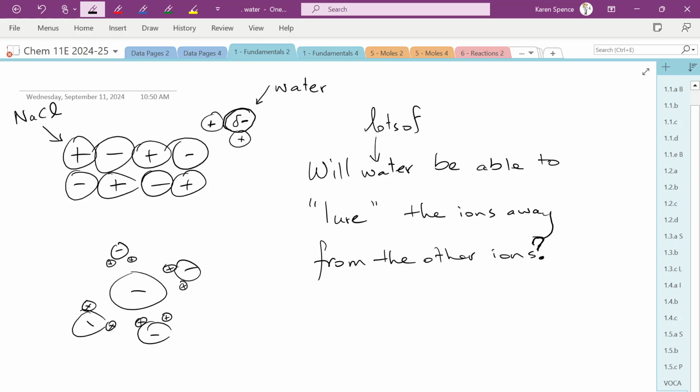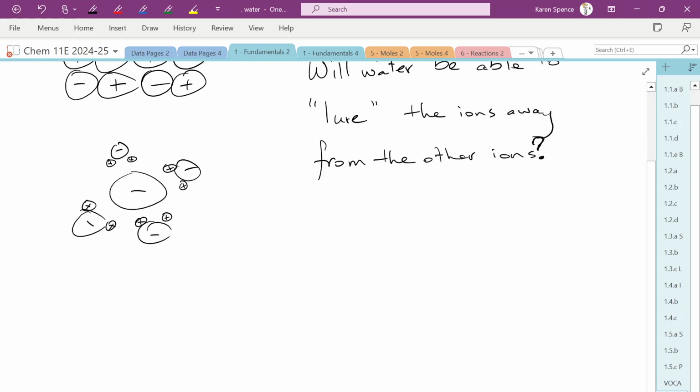Is that good? Okay. Could you draw a cation and draw what it would look like once it's dissolved in water?